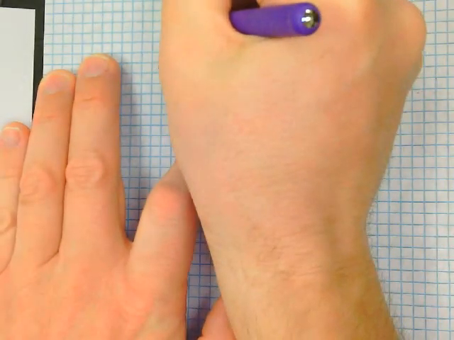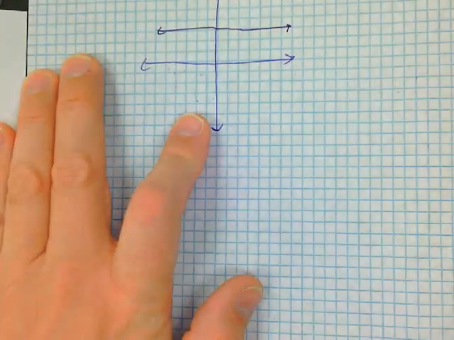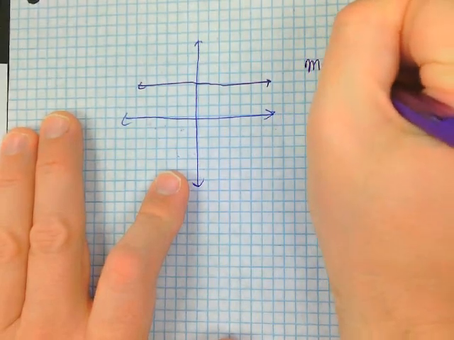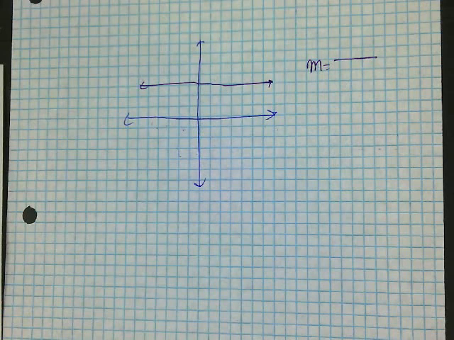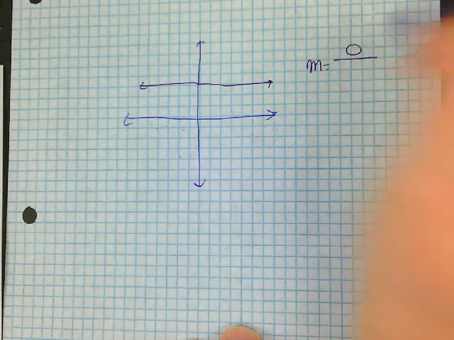My slope is rise over run. What kind of top number do you think I would have? Zero. Zero would be my top number.